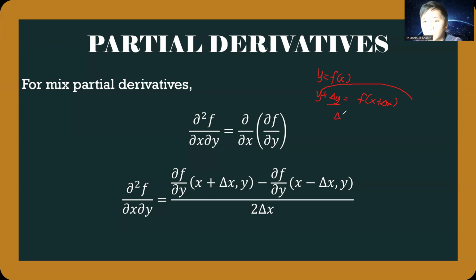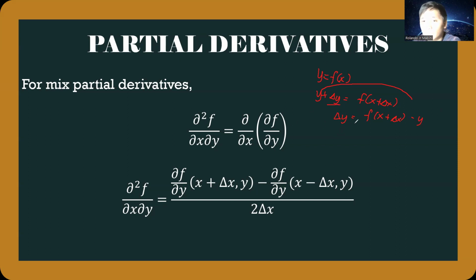So expressing it with respect to delta y, we have the function of x plus delta x, and then minus y, because we have transposed the value y here.